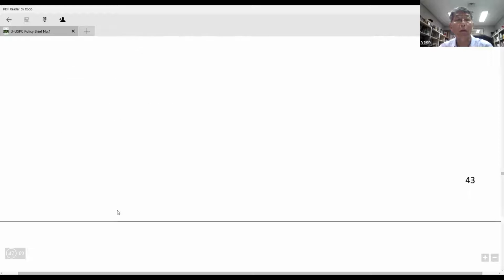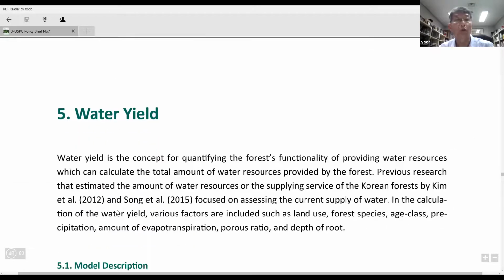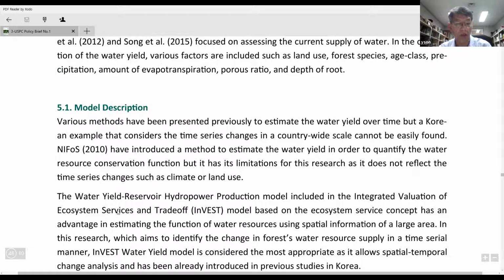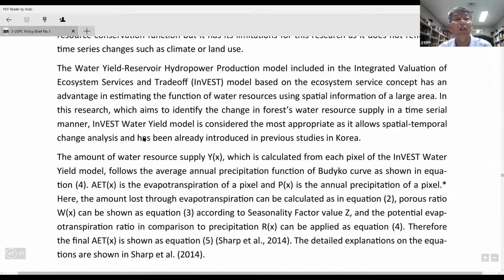And forest carbon, water yield, we used the InVEST model, the Integrated Valuation of Ecosystem Services and Trade-offs model. The InVEST model was used for water yield.